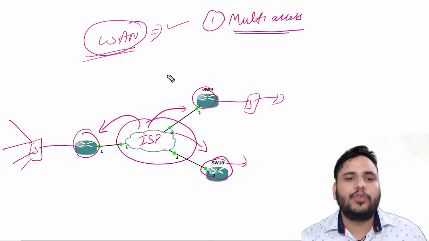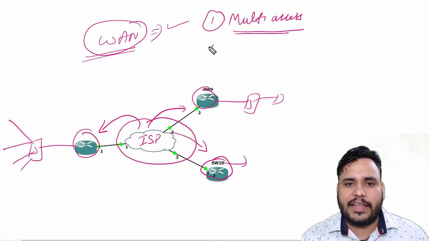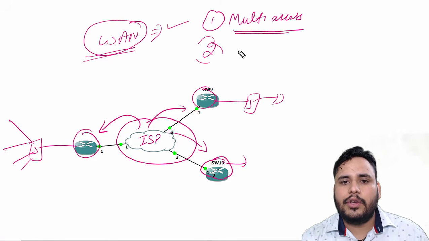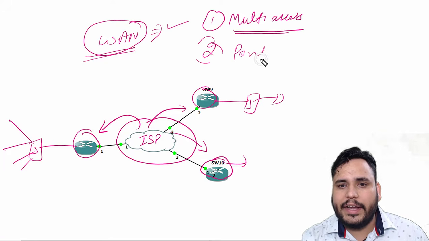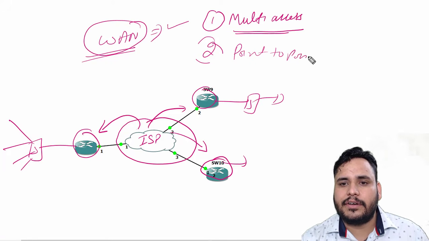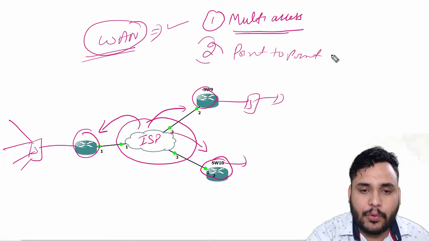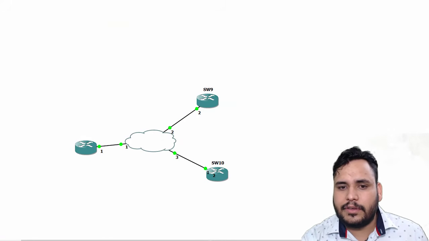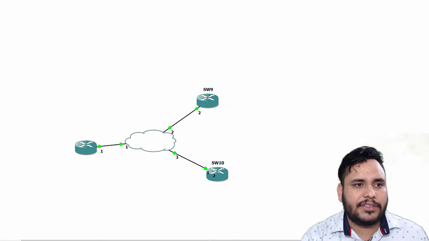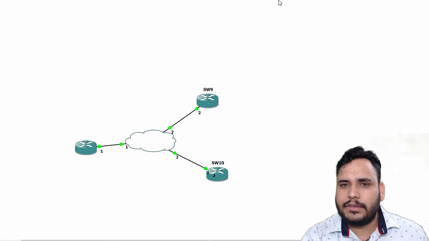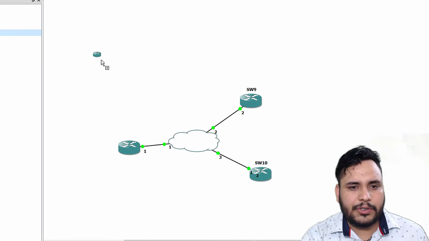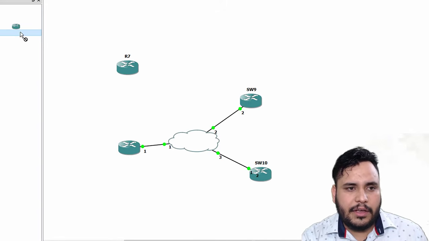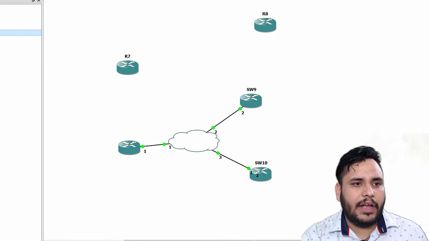But for example, if you don't want to use multi-access, then in the second design you can use point-to-point architecture. What do we have to do in point-to-point architecture? I will show you the design. In point-to-point, we are not using any multi-access network.